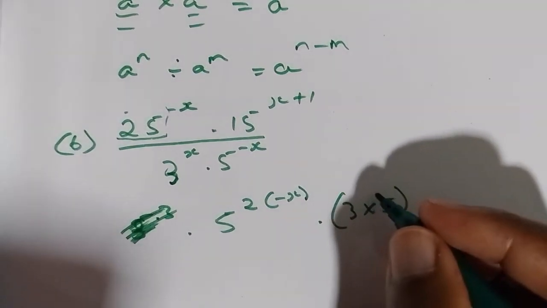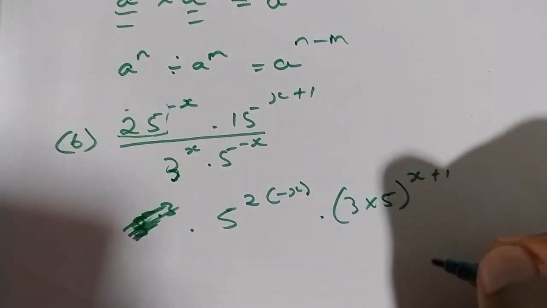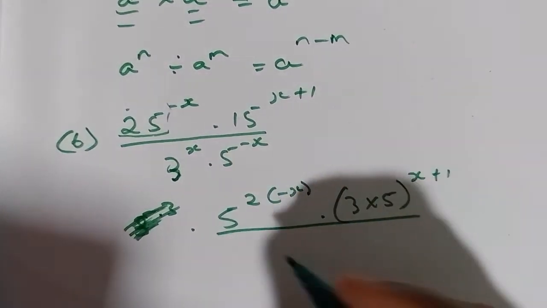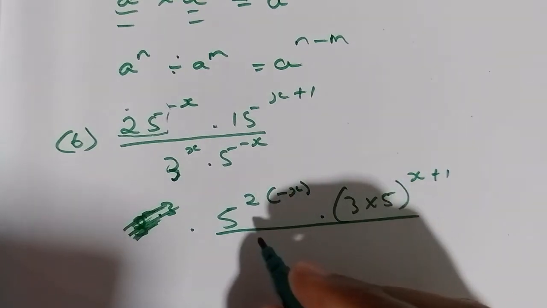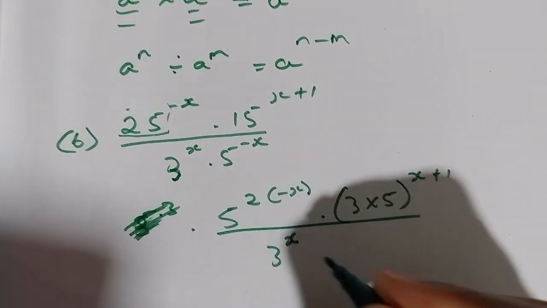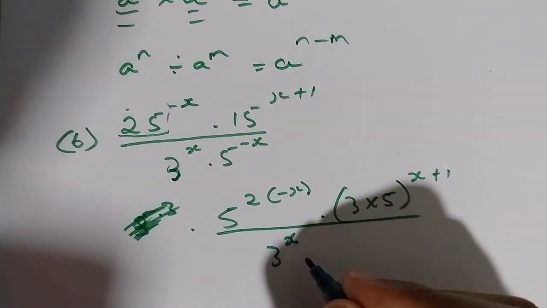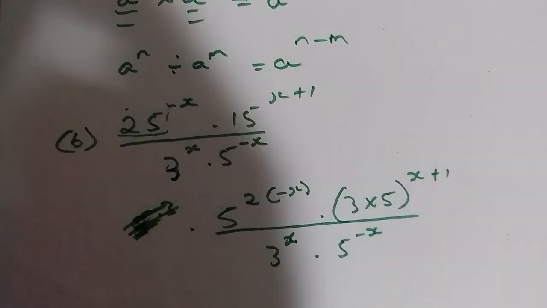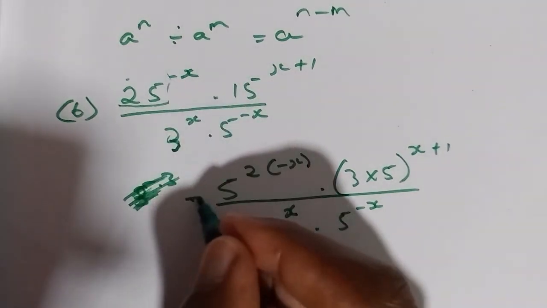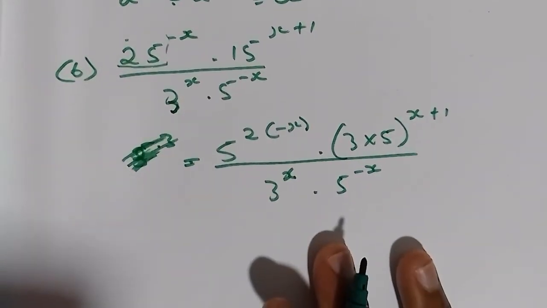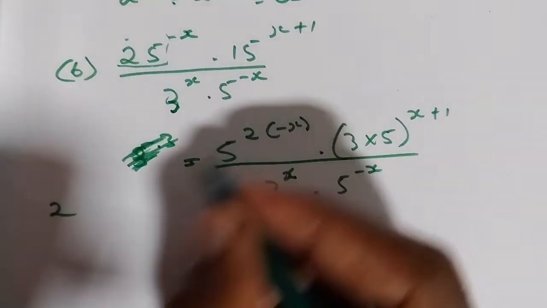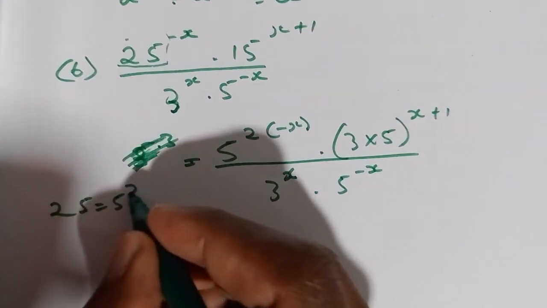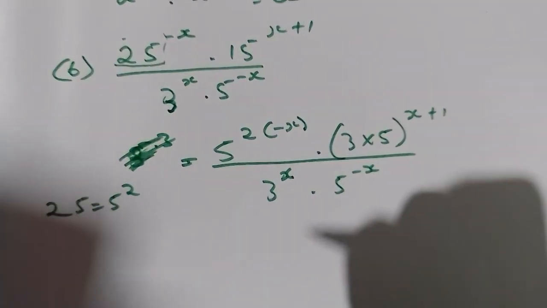This will just give me 15 to the power x plus 1, right? This is over 3 to the power x multiplied by 5 to the power minus x, right? Remember, I am supposed to simplify this one. It's 25, right? This is another way of writing 25.